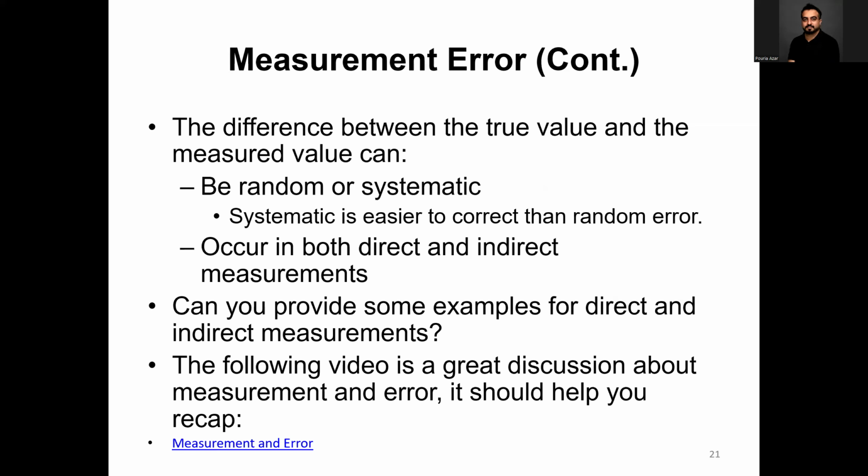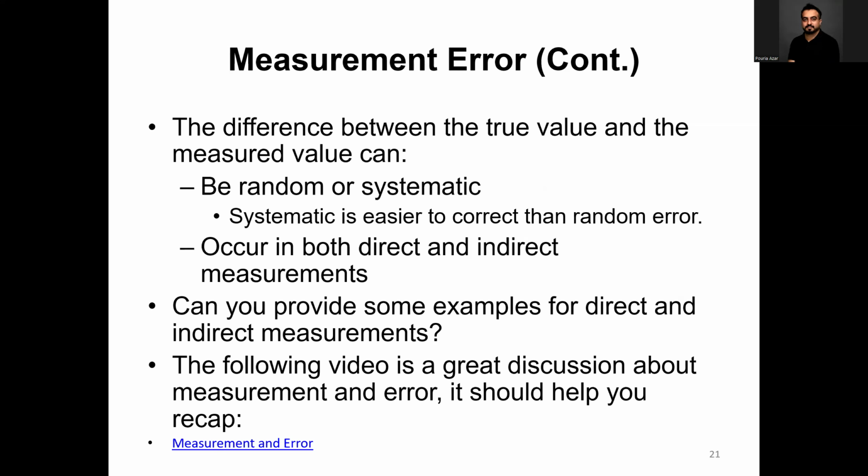So for indirect measurements, we use a different measurement. We use different formulas to get an idea about a different thing. For example, we measure GFR to get an idea about the kidney health. That's an indirect measurement.